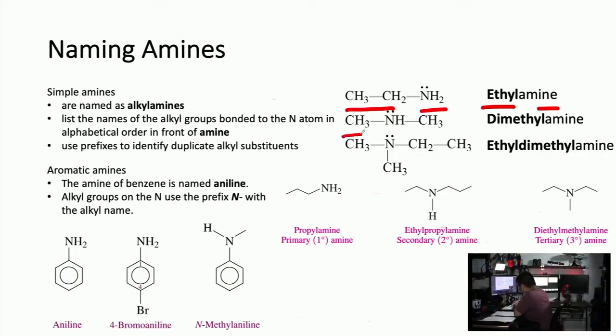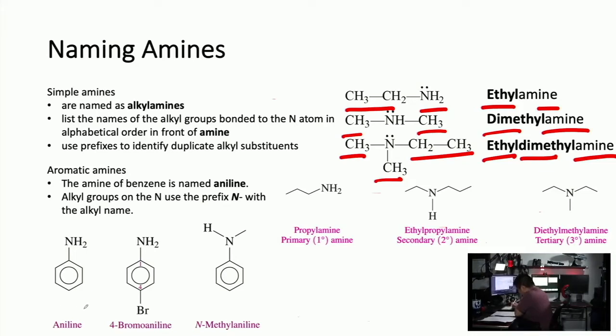Here, there are 2 methyls connected to the amine, so that's dimethylamine. And here, we have a methyl and a methyl, so that's 2 methyls and an ethyl. We'll do this alphabetically, so it's ethyldimethylamine. That simple, right?